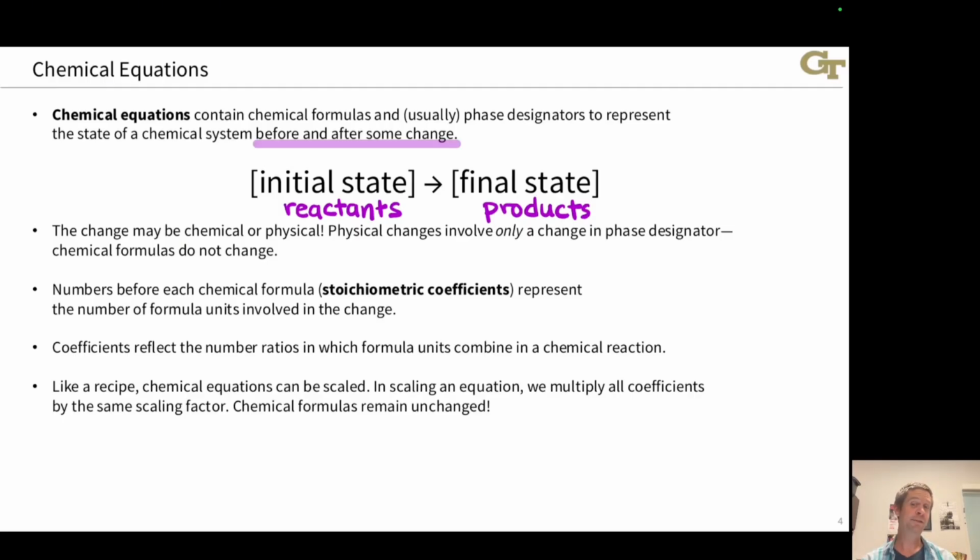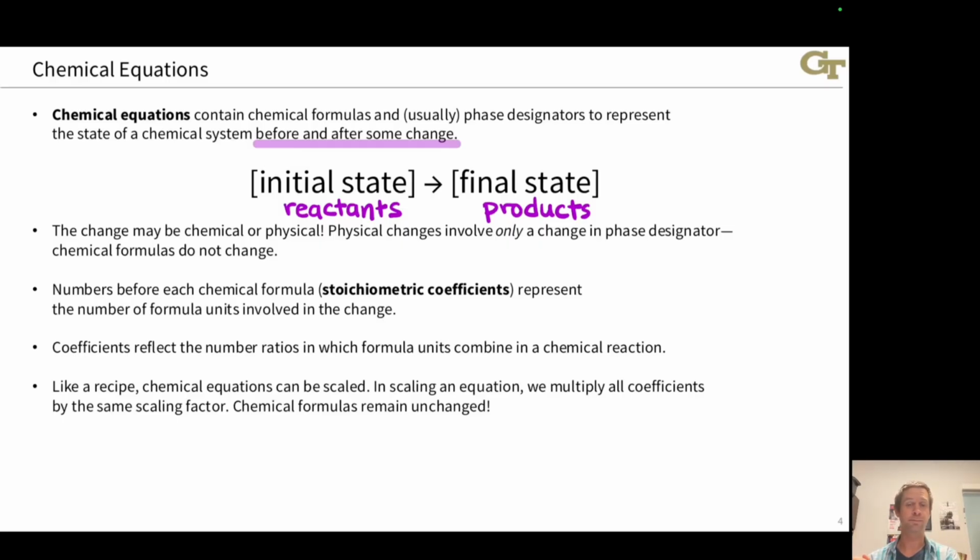And to the left of the arrow, we'll have a set of chemical formulas called the reactants in a chemical change. And on the right-hand side, we'll have a set of chemical substances called the products. And the idea here is that we start from an initial state in which we have reactant substances. They react with each other, and at the end of the change, we have a new set of substances that we call the products.